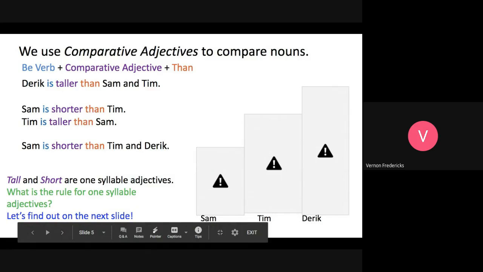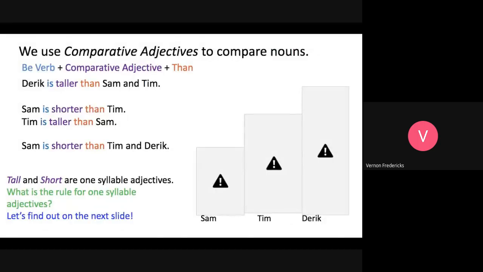Why do we use comparative adjectives? Comparative comes from the word compare, which means I look at two things and I see what is different about the two things, two objects, places, people, or things.